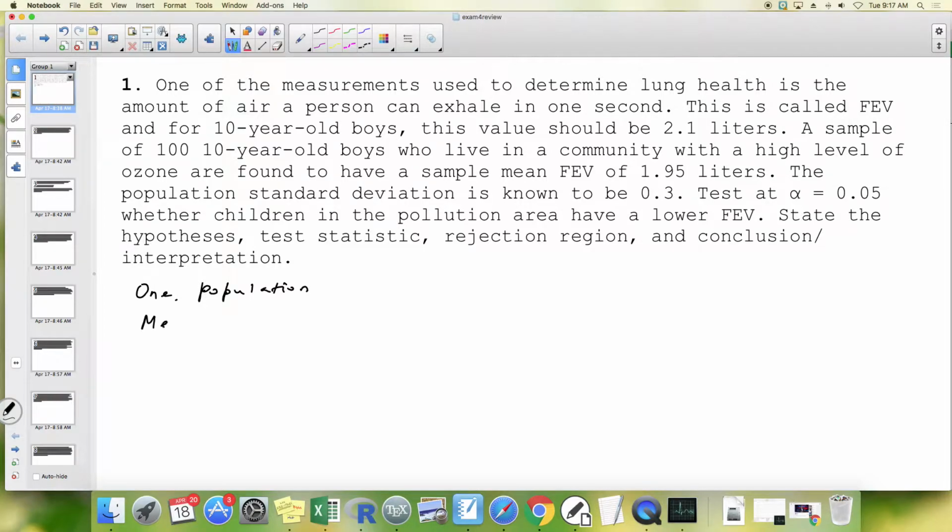It's a means problem. Is the sigma known or unknown? So for a means problem, the sigma is known. All right. And is it a chapter 7 problem or a chapter 8 problem? It's a chapter 8 problem.